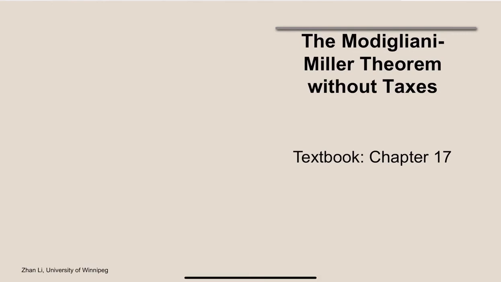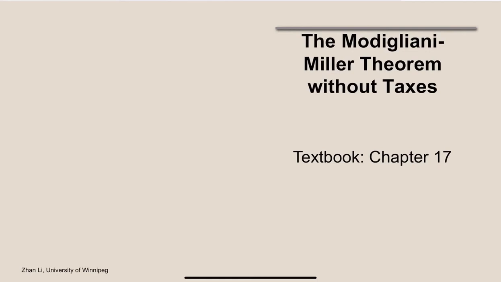Now we start with a simple case, which is textbook chapter 17. Here we will consider a hypothetical scenario, that is, a world with no taxes. You can see that this is not realistic. But what's the purpose of discussing an unrealistic case? Well, it's a good starting point and a good benchmark case, a good baseline case.